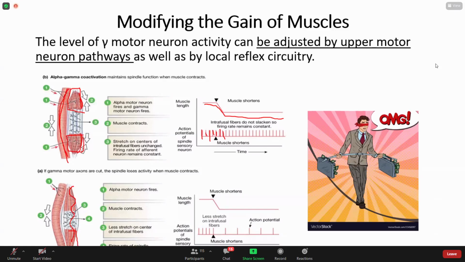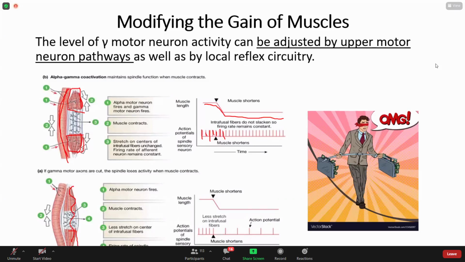Like, for example, when you are riding a bus, your gamma motor neurons are going to be super active, because there is a need for compensation for the unpredictable changes that are going to happen to the muscles while you are riding the bus, or while you are walking on a road. Okay, so this is called the gamma gain.